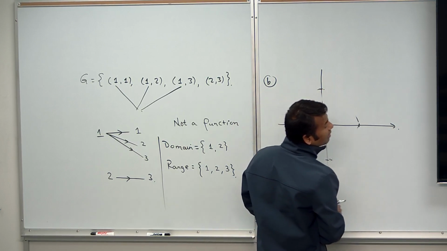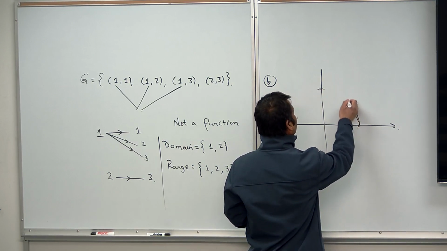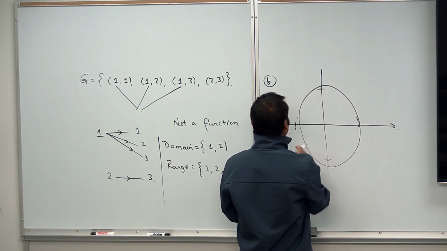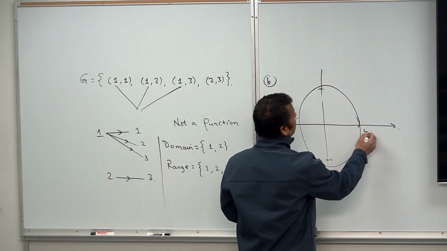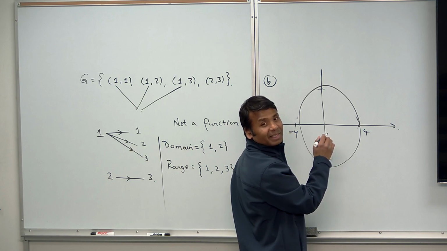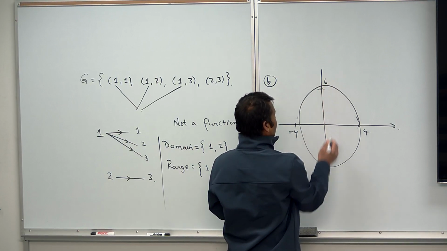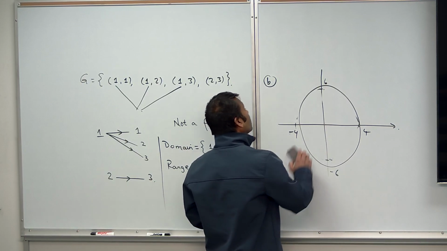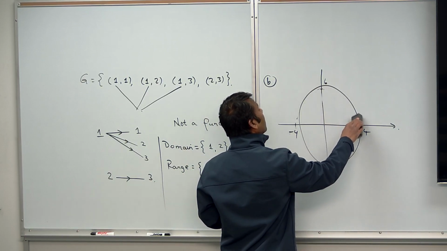Something like this, but you understand what I mean, right? So this says 4, this says -4, and this is +6, this is -6. Now, remember, domain is the set of x values.